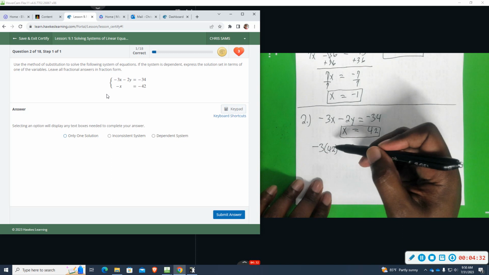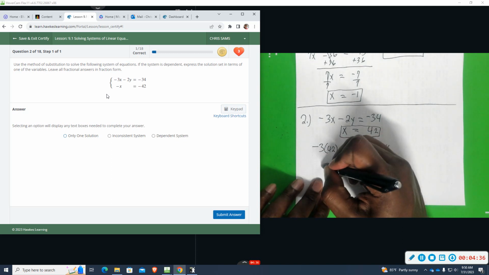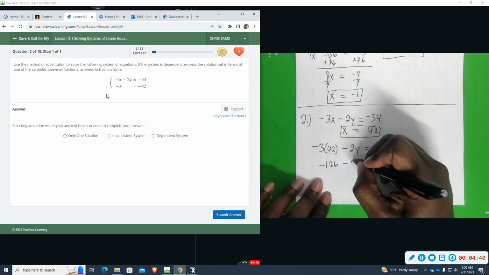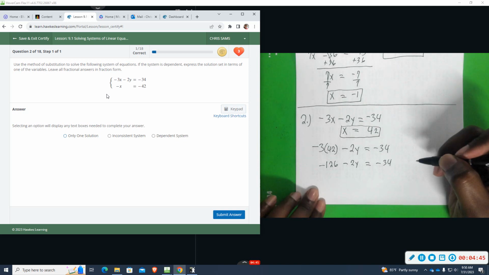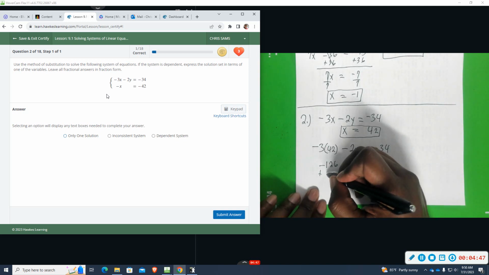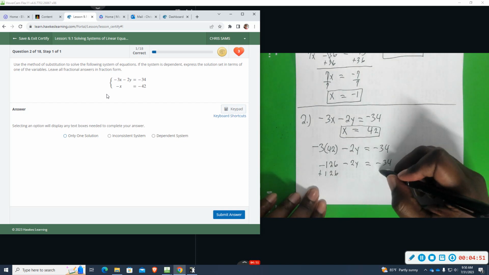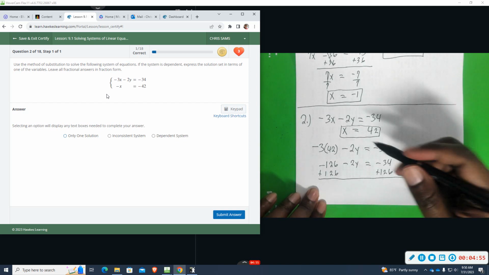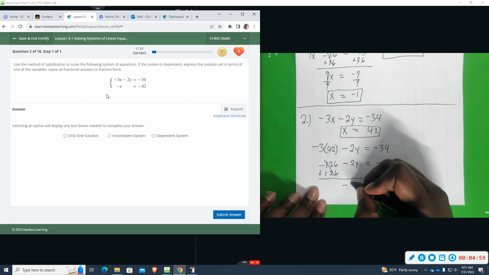So -3 times 42 is going to give us a negative 126, minus 2y equals -34. So we're going to add 126 to both sides to cancel that out. Bring down the -2y.